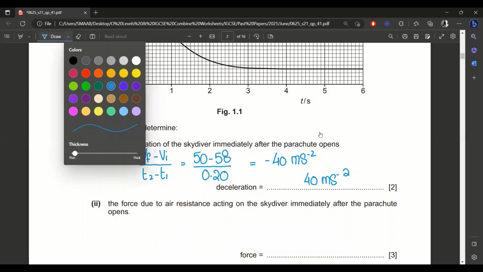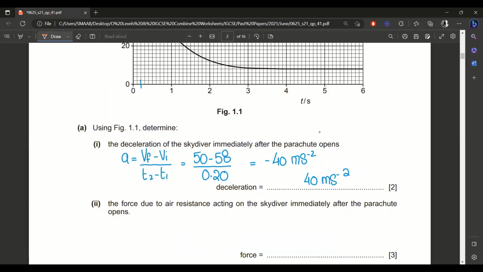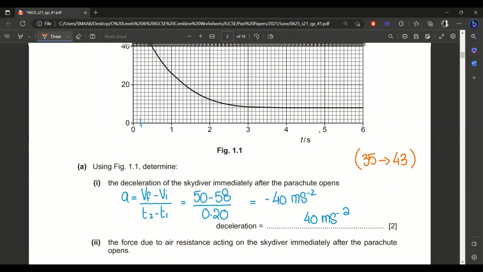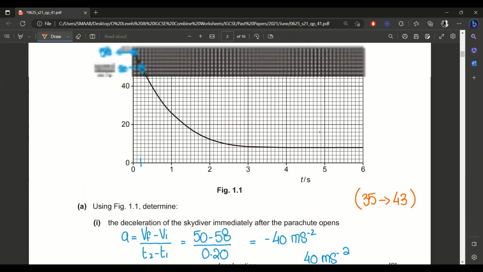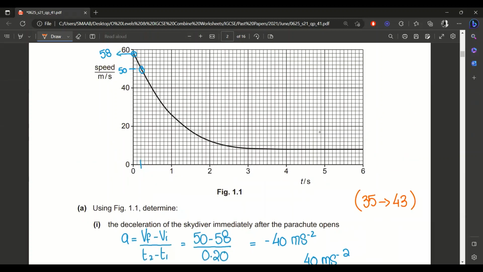In the marking scheme, the answer ranges from 35 to 43, because they ask immediately after the parachute opens, so it depends on the student how close a value they take from the graph.